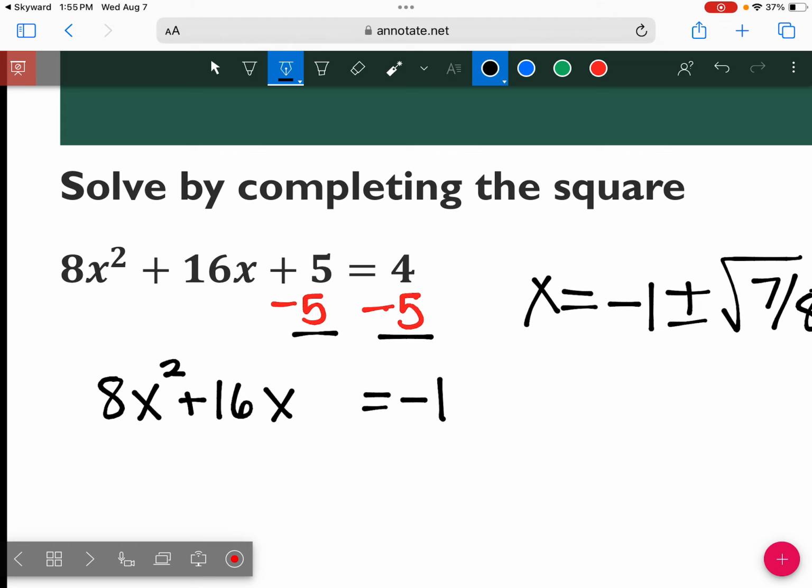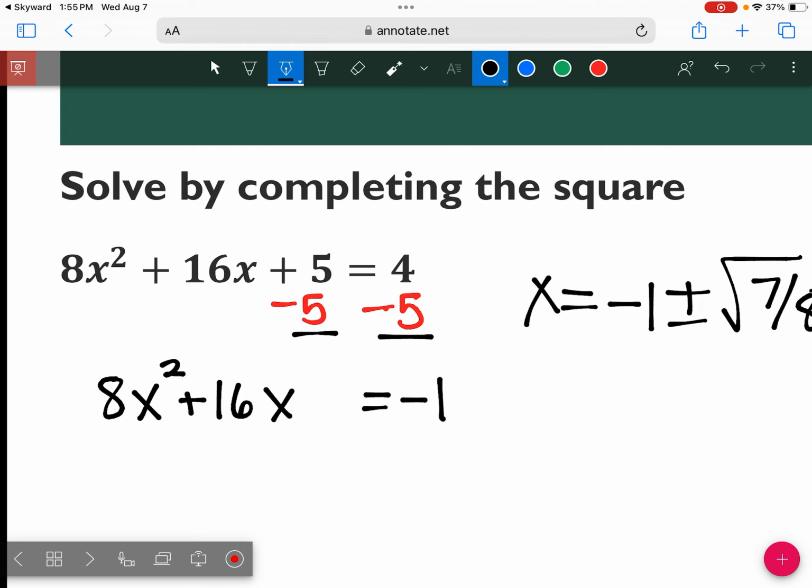So you're going to take that 2, divide it by 2, and square it. What is 2 divided by 2 squared? 1. So I'm going to add that 1 here.